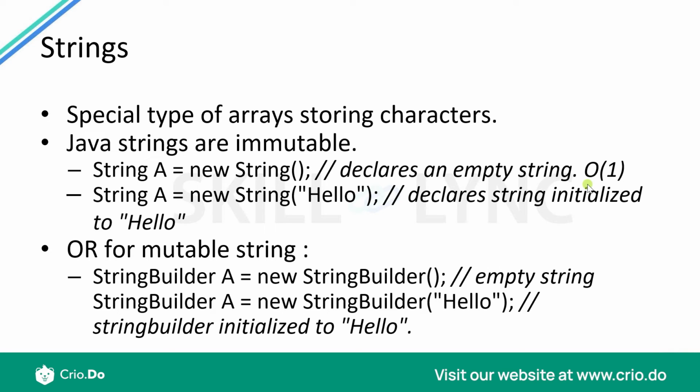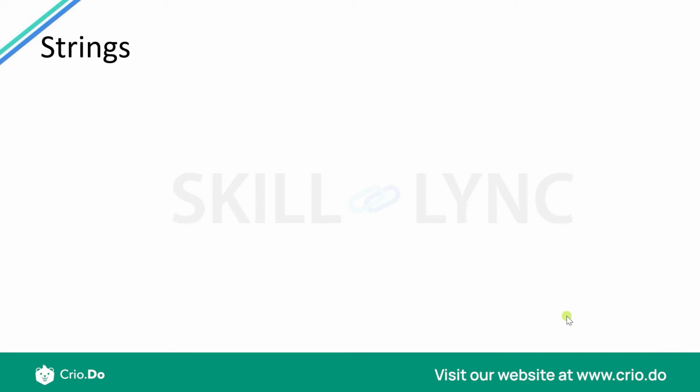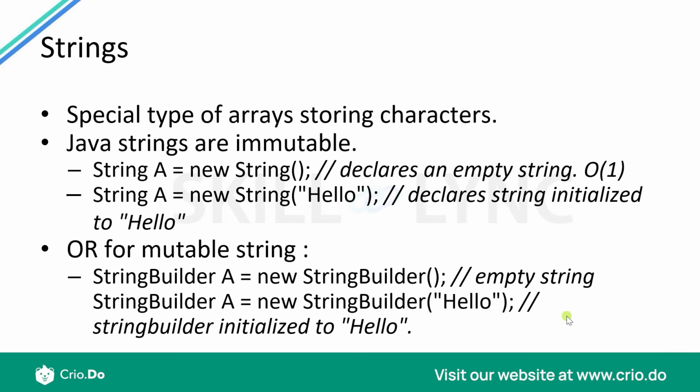So instead of using the word String, you can use the word StringBuilder, and that is going to take the same syntax as earlier, and it is just going to create a new StringBuilder. Now, StringBuilder is a mutable string. You can simply change that in place. It will not worry about creating a whole new object and copying one by one. So that is something which comes really handy with StringBuilder.